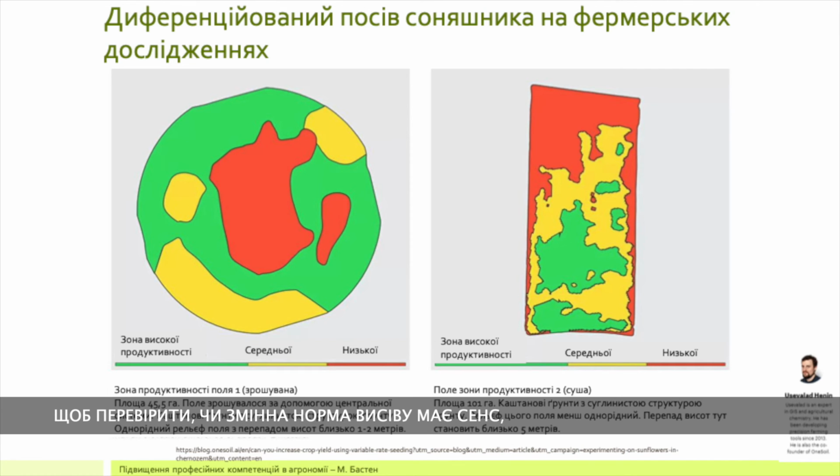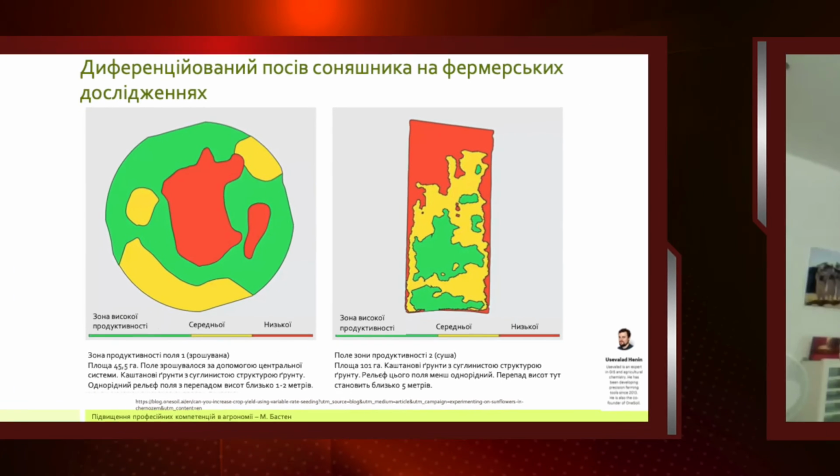So to check whether variable seed rate makes sense to address the different yield potential in these zones, they tried different seed rates in the different zones by overlaying strips of either homogeneous seed rate across different productivity zones, or variable seed rates with a kind of inverse recommendation for the seed rates, meaning in the low productivity zones a high population has been established, and vice versa in high productivity zones a low population.